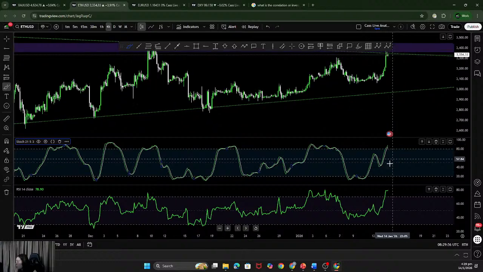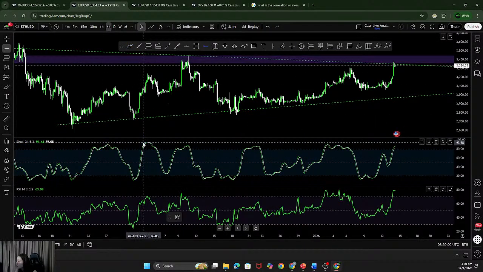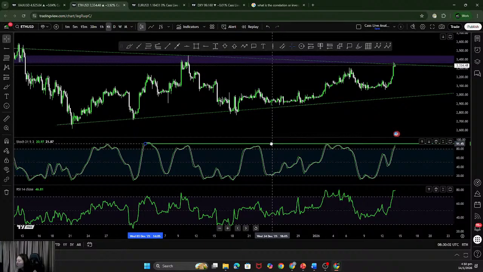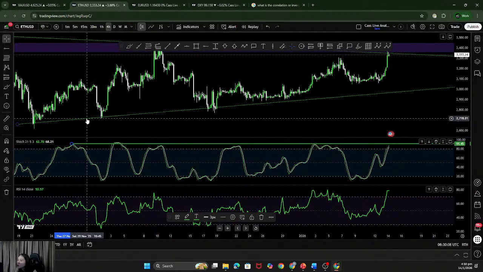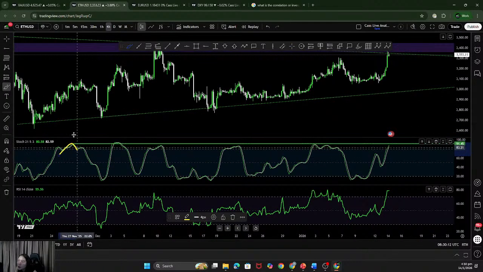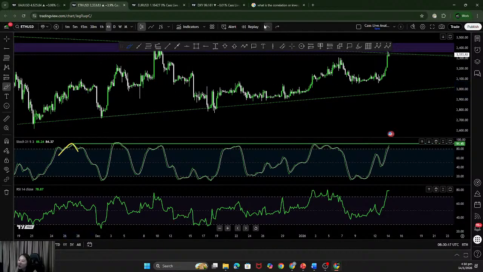How am I using stochastics and RSI? Every time it reaches a resistance, it's supposed to reverse. So let me see if that's true. Every time it came here, it reversed as well. The first one was kind of true, it kind of made sense.